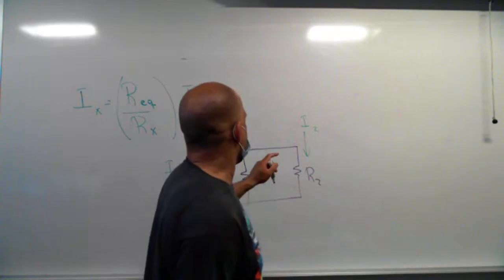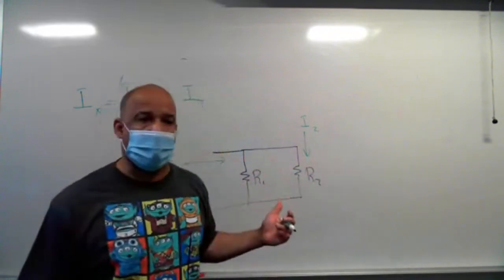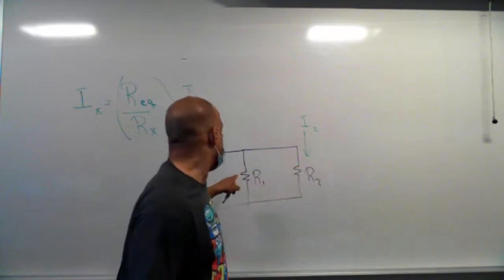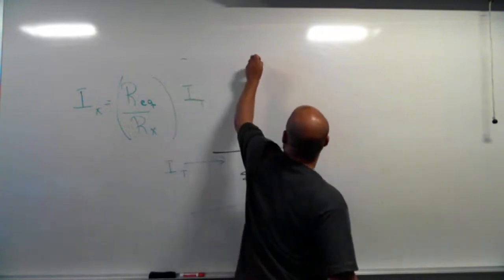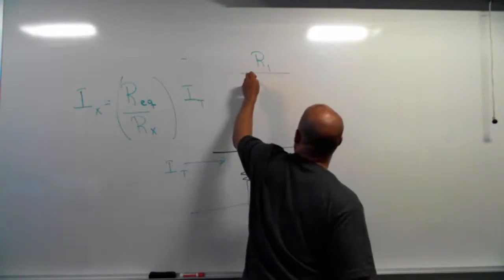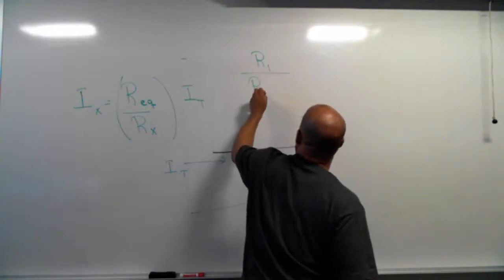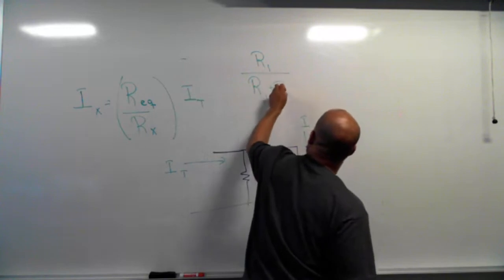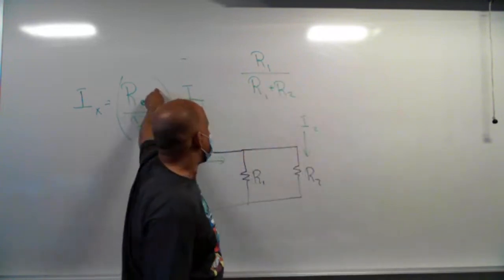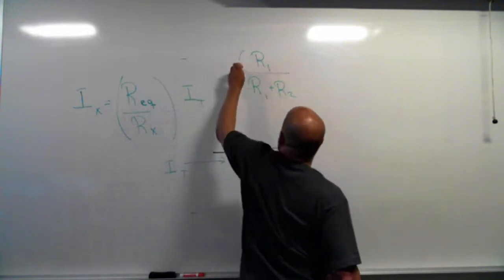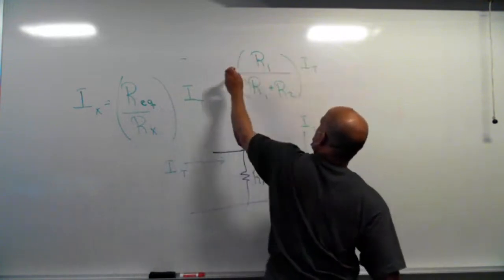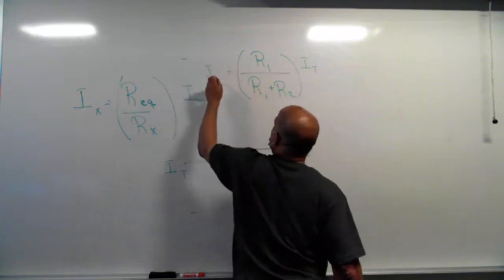For this formula, you take the resistor you don't know the current through. So for the current through R2, I take R1 and put it in the numerator. Divide that by the sum of R1 plus R2. Here you're adding, so it's important to understand you're not adding in the general formula. You multiply that fraction by the total current, and that gives you what you're looking for.